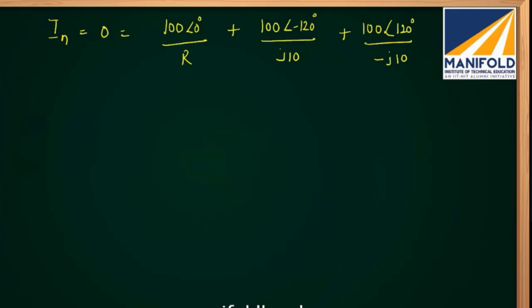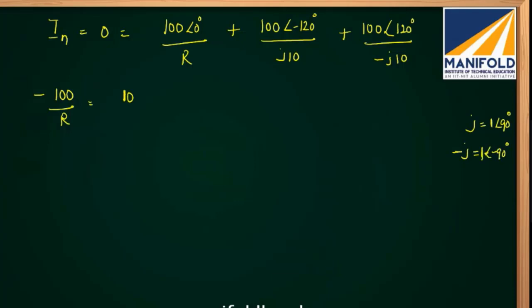Which implies minus 100 by R, since 100 at an angle 0 is nothing but 100, is equal to, what is the magnitude of this second term? Magnitude is 10. This J is nothing but 1 at an angle 90. When it goes to the numerator, it will become minus J, which is 1 at an angle minus 90 degrees.